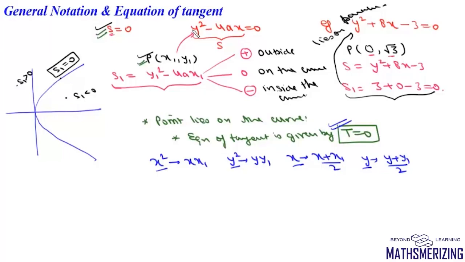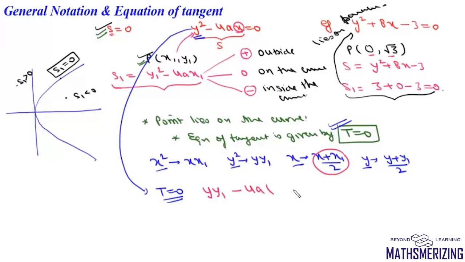So for example, for this parabola, if I have to write T equals 0, then in place of y square, I'll simply write y into y1 and then minus 4a. Now in place of x, we'll write (x plus x1) upon 2. So it will be (x plus x1) upon 2 equals to 0.